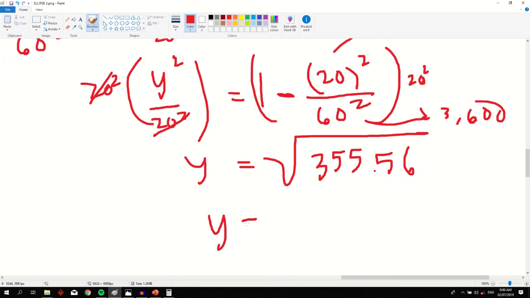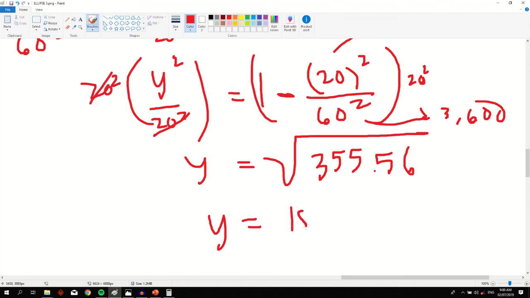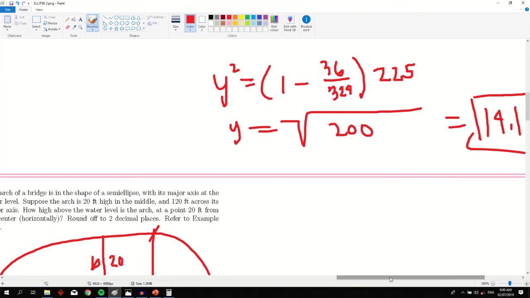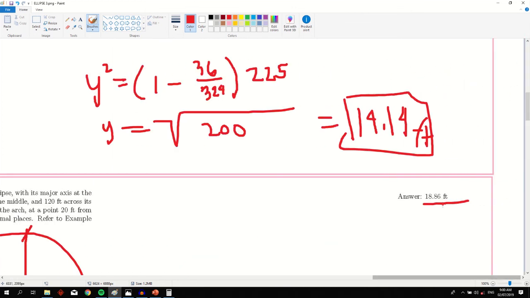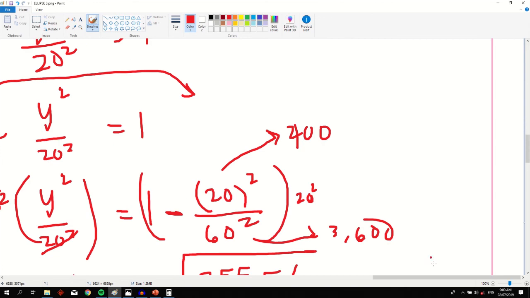Then y is equals to the square root of that, which is 18.86. Okay, 18 here, then we round this off to here, so 18.86 feet. So this is our final answer. Okay, 18.86. Alright.